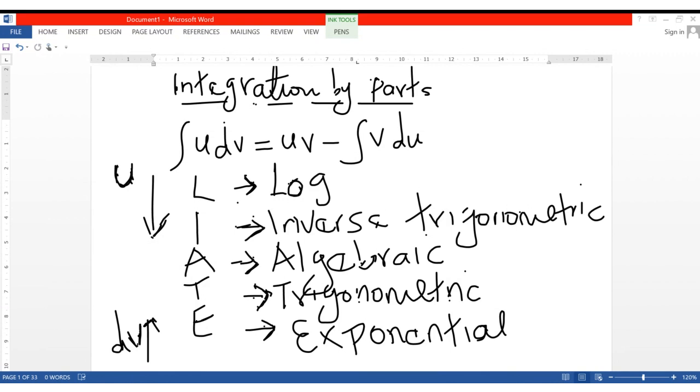If I have an algebraic function and an exponential function, from the arrow going downwards, you can see that the u will be the algebraic and the dv will be the exponential. So if you call one function u, the other function definitely will become your dv.